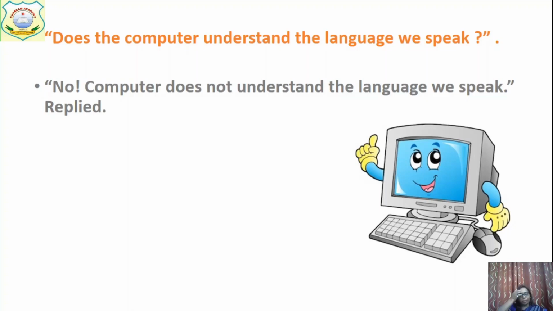But we have developed some programming languages in English-type language, where we can write programs to give instructions to the computer. Later those programs are converted into binary language using a translator. Okay, got it? Computer can understand only binary language.